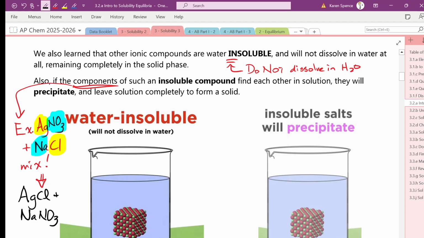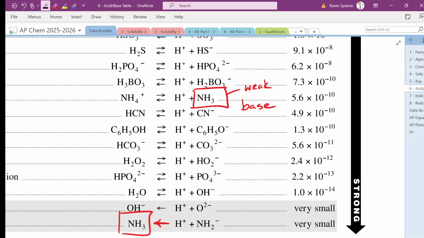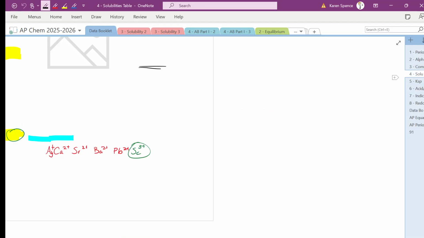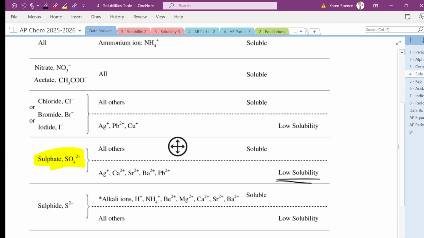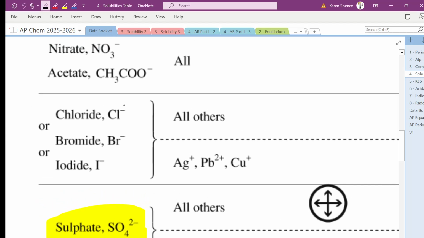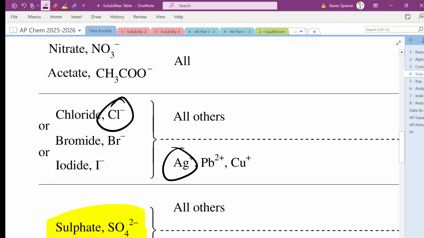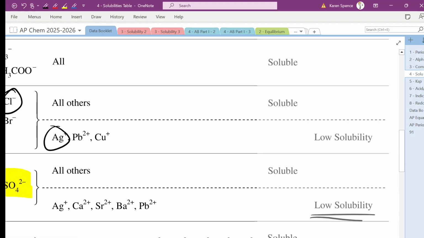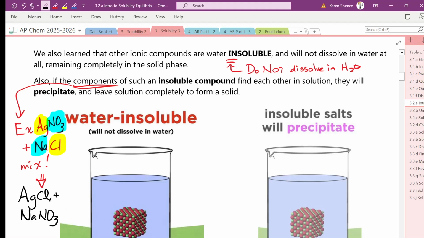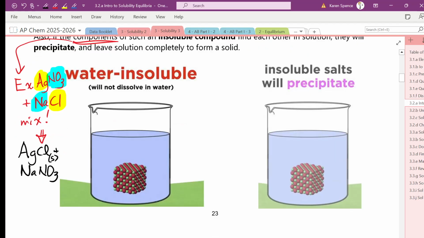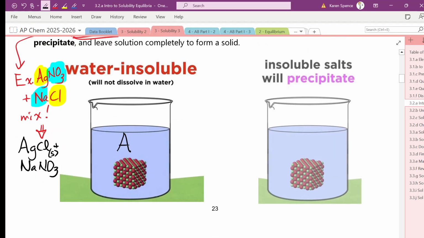And if we check our data table, we can see that chloride and silver are low solubility. So that means that this one is going to be our solid, and that would be our insoluble compound. Okay, so for example, this could be AgCl.